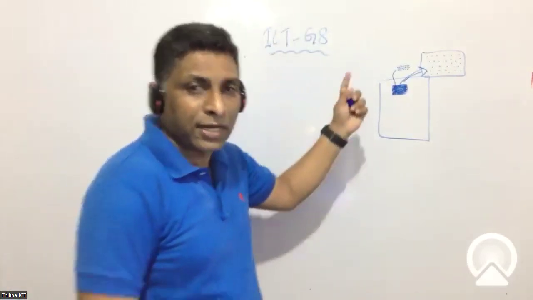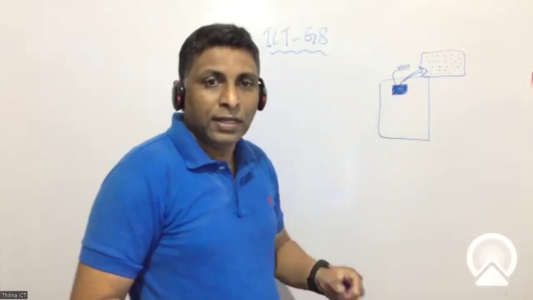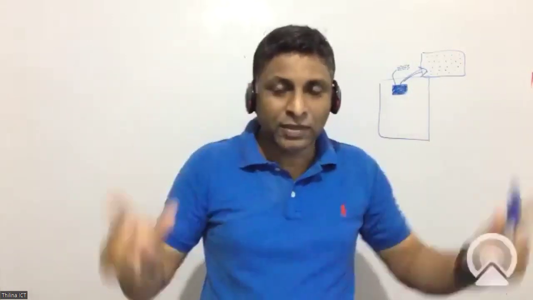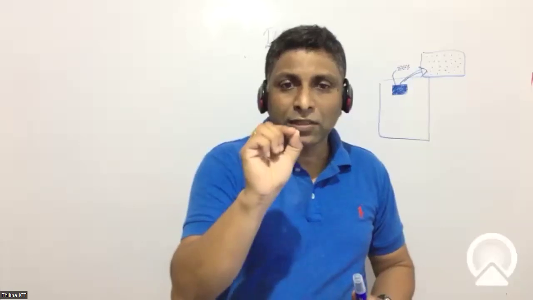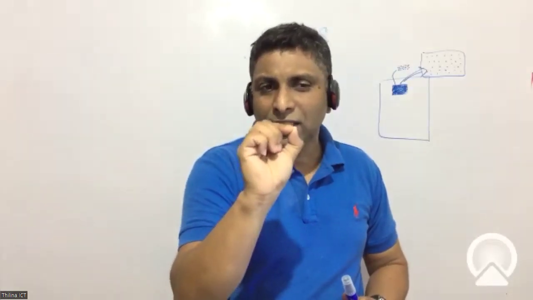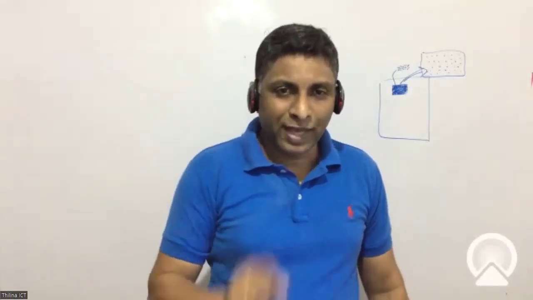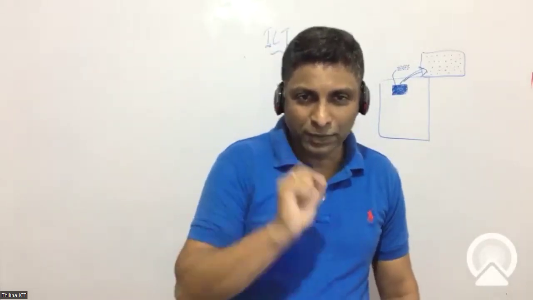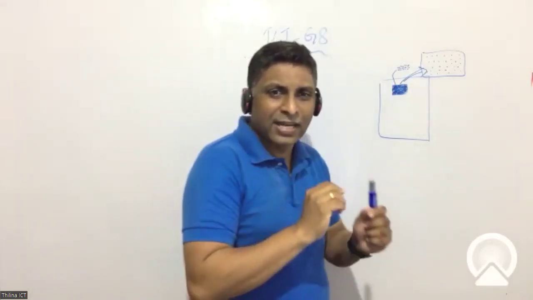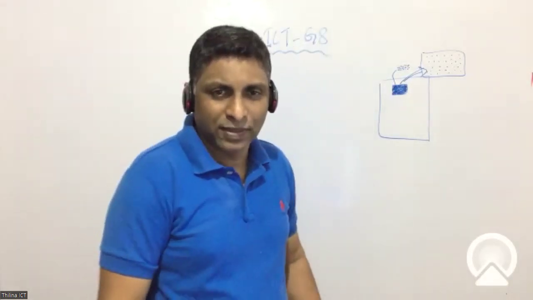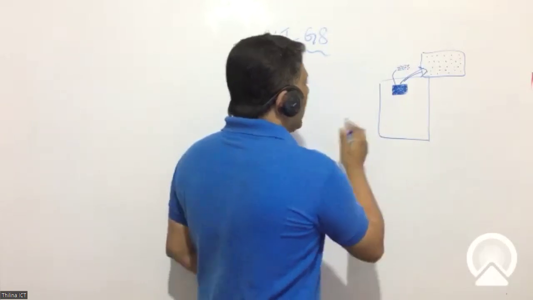Even the TV screen is the same. Even if you see the picture on the TV screen, it consists of very tiny light bulbs. Let's say those are like LED bulbs, very close to each other, right? So what will happen?